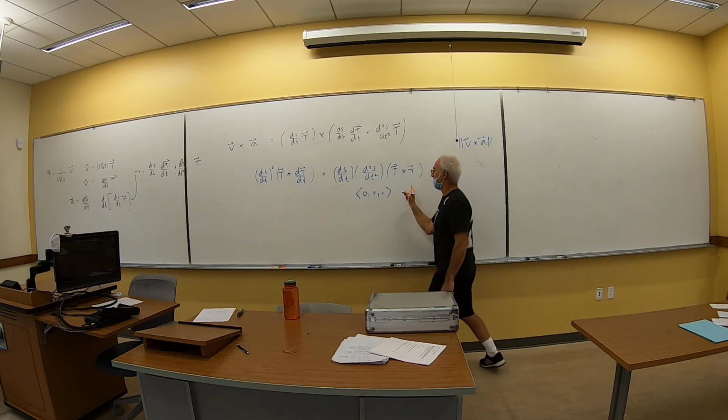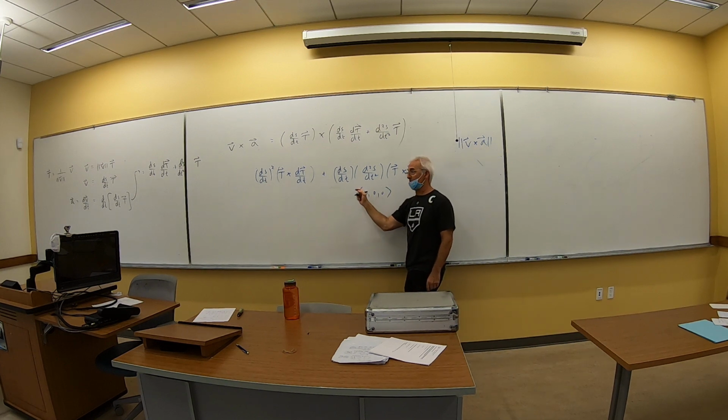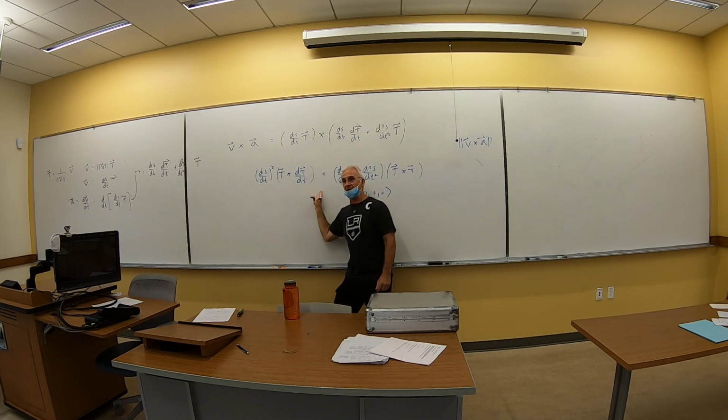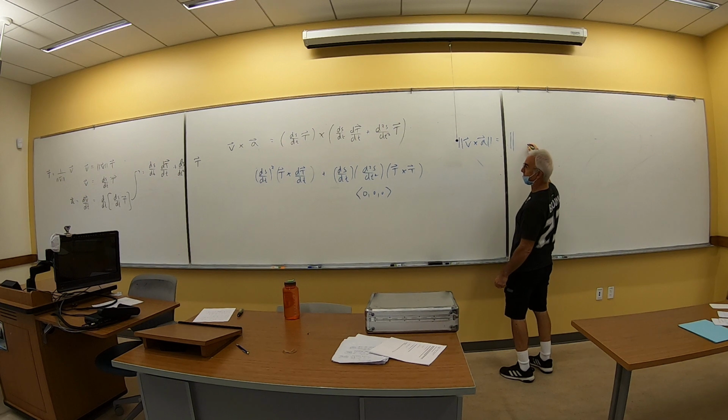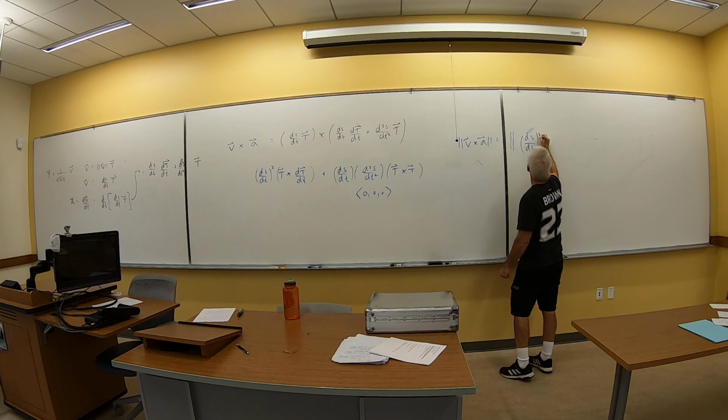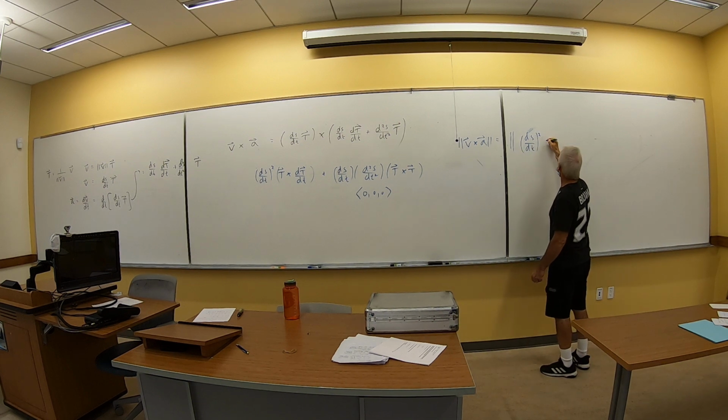Well, let's see. The magnitude of that term is obviously 0, so it would be the magnitude of this. Agreed? I'll just write big terms like this. This is (ds/dt) quantity squared, T cross dT/dt.